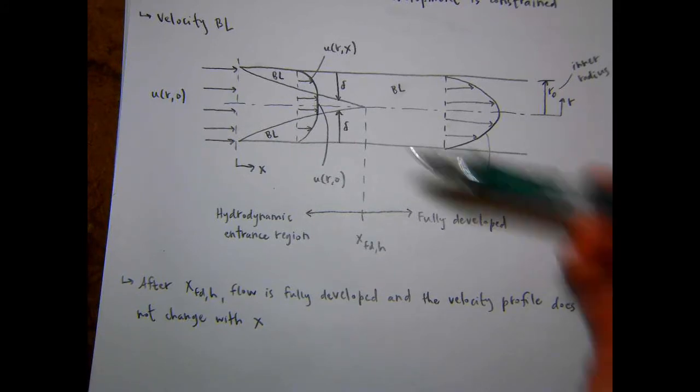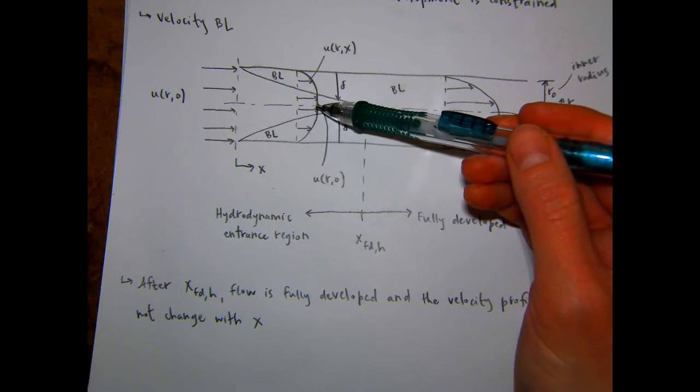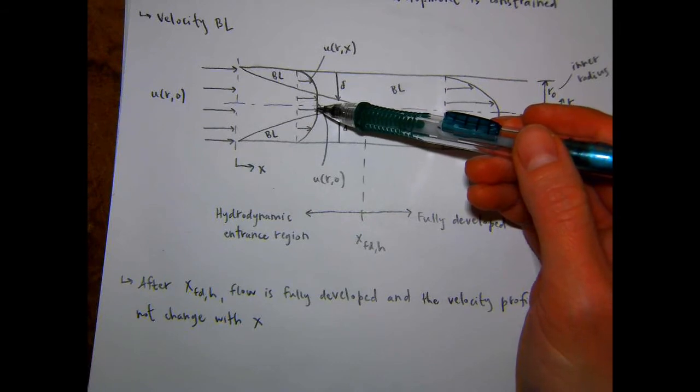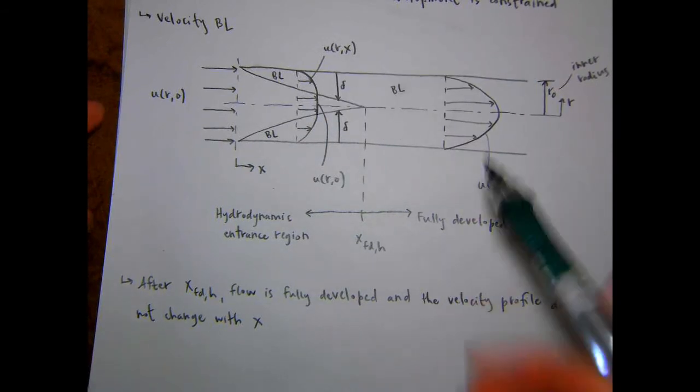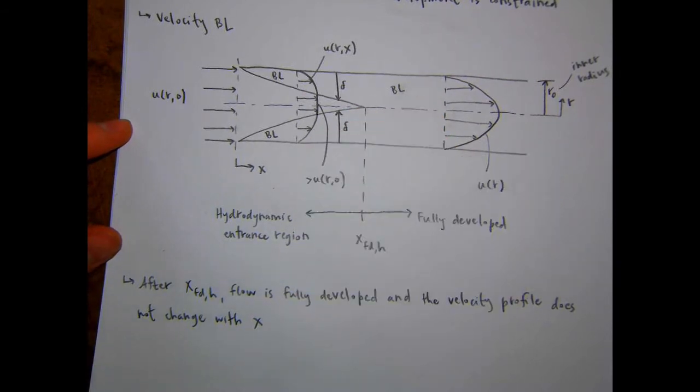So that would mean that this would have to be greater than u at the x0 location, right? Yeah, okay. So for mass conservation, then you've got some flow in the middle that is greater than the entrance flow. Yeah, good point. Definitely true.